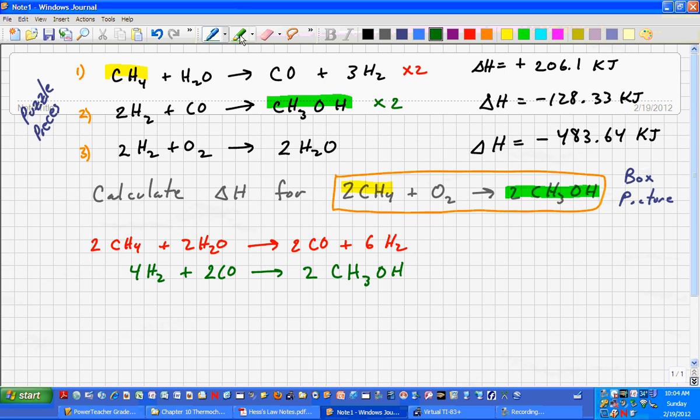All right, so the last thing I've got is one more puzzle piece to use. Again, I can only use each puzzle piece once. So I've got another puzzle piece here. I see I've got oxygen here, and I've got oxygen here. It's an exact match. Everything is on the proper side. I can go ahead and use that as is.